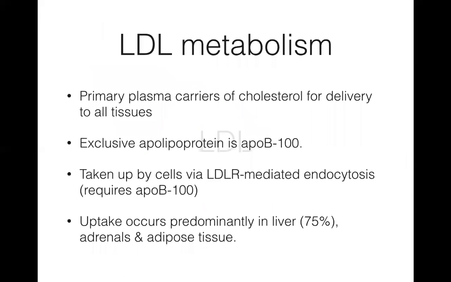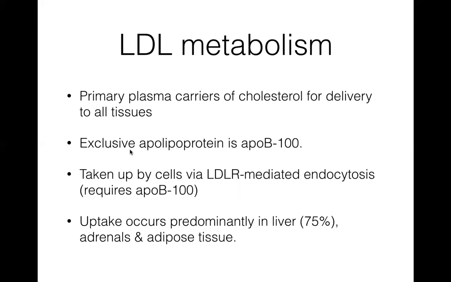Let's now discuss the catabolism of LDL. This is going to be very easy because we already know where it came from, and we have already mentioned its possible fate. So LDL is the primary plasma carrier of cholesterol for delivery to all tissues. The exclusive apolipoprotein is now ApoB100.